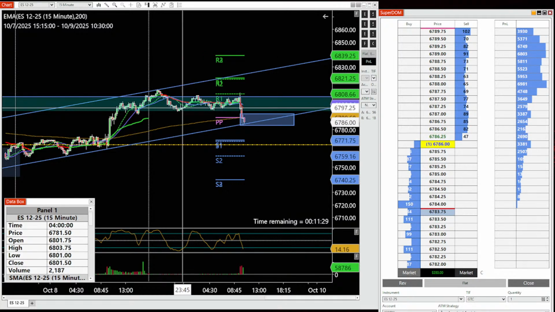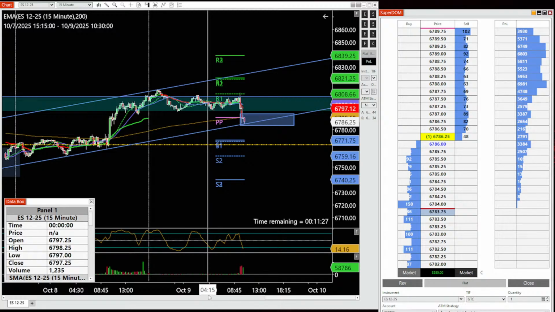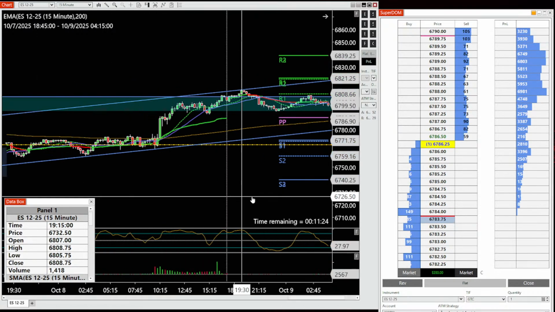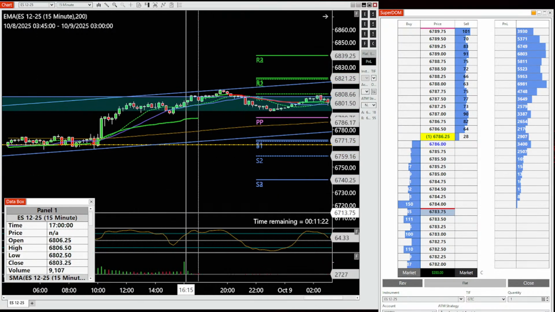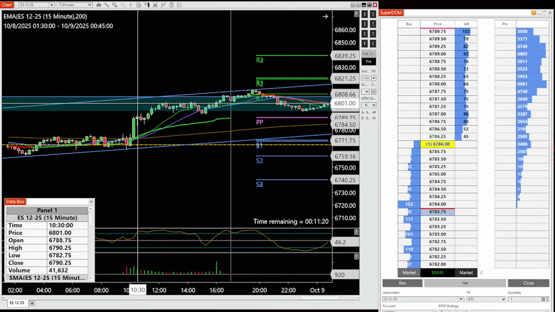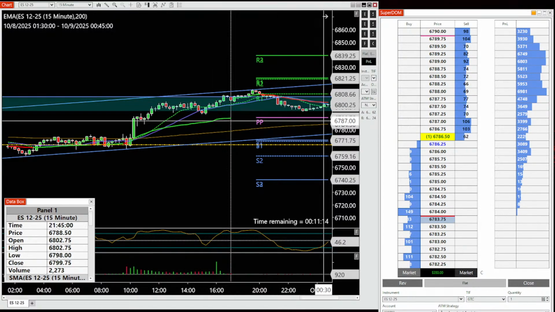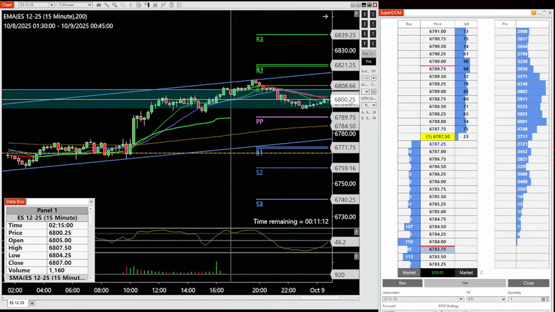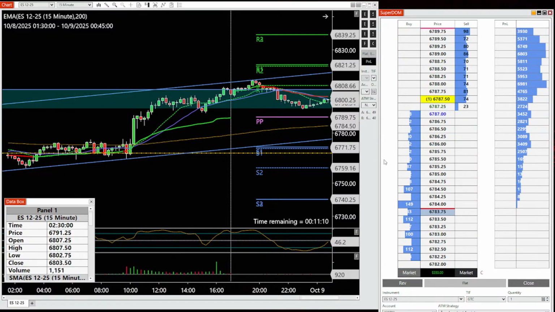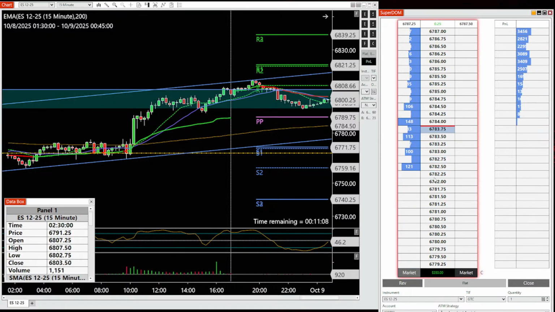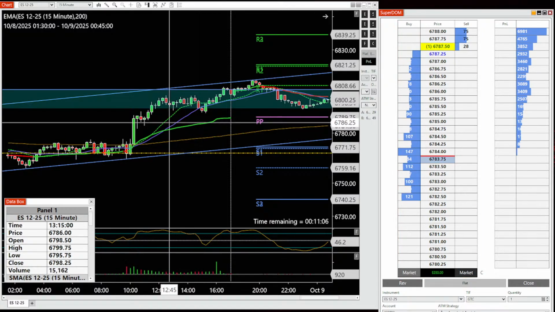Got this 83 right here. Y'all can see this. So it bounced off below 82.75. So that's where you can be careful because you're right here, 83, 82.75.